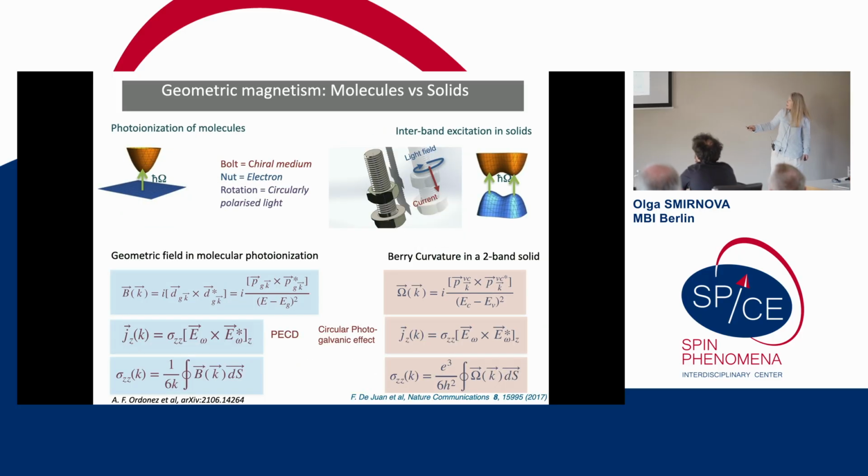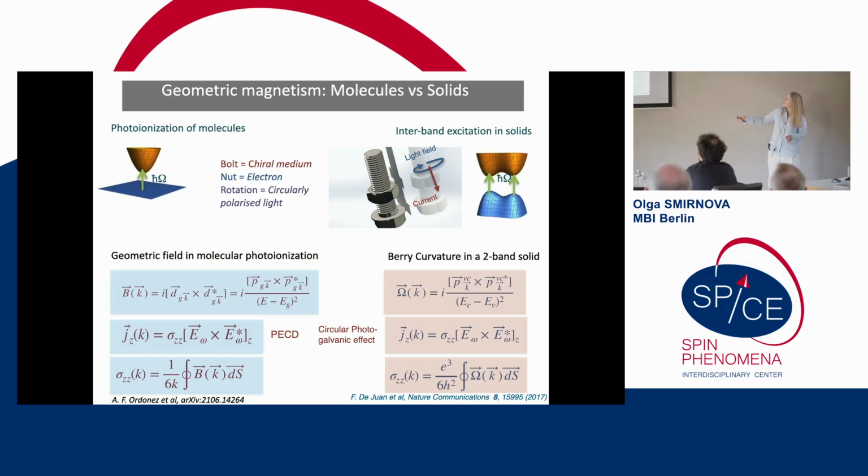There is a current which is very similar to PECD, called the circular photogalvanic effect. It was mentioned yesterday during the talk about topology. If you have, for example, only two bands, you can express it as a flux of the curvature through a sphere in momentum space.